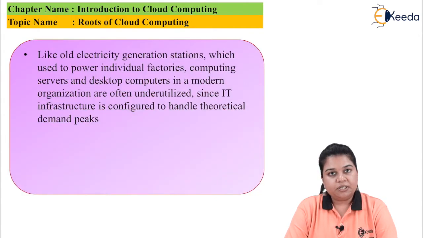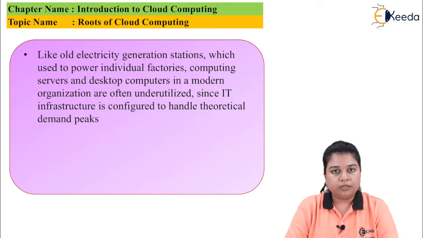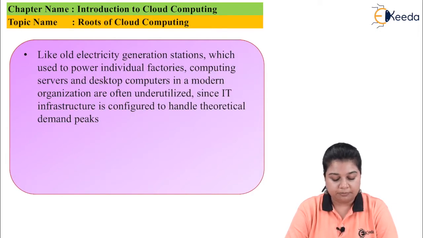Like old electricity generation stations which used to power individual factories, computing servers and desktop computers in a modern organization are often underutilized, since IT infrastructure is configured to handle theoretical demand peaks.